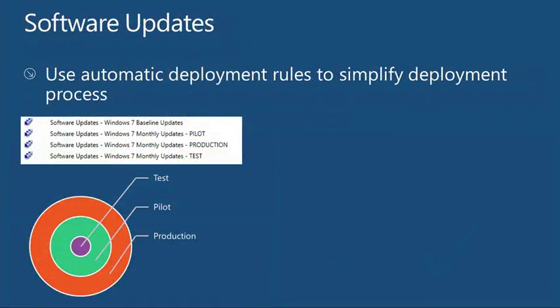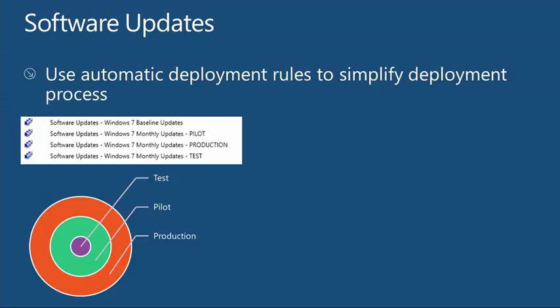Now, software updates. This is another one of those things you can do in so many different ways. There are relatively efficient ways, and some ways which are not as efficient, but this is just one way that we often use to simplify the process and have the least amount of clicks.